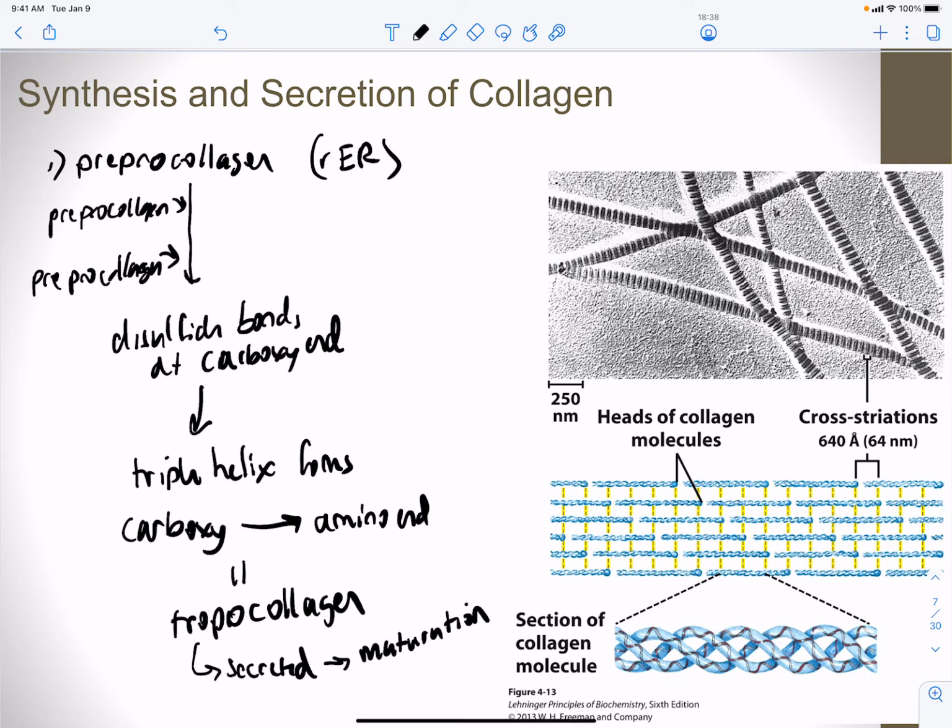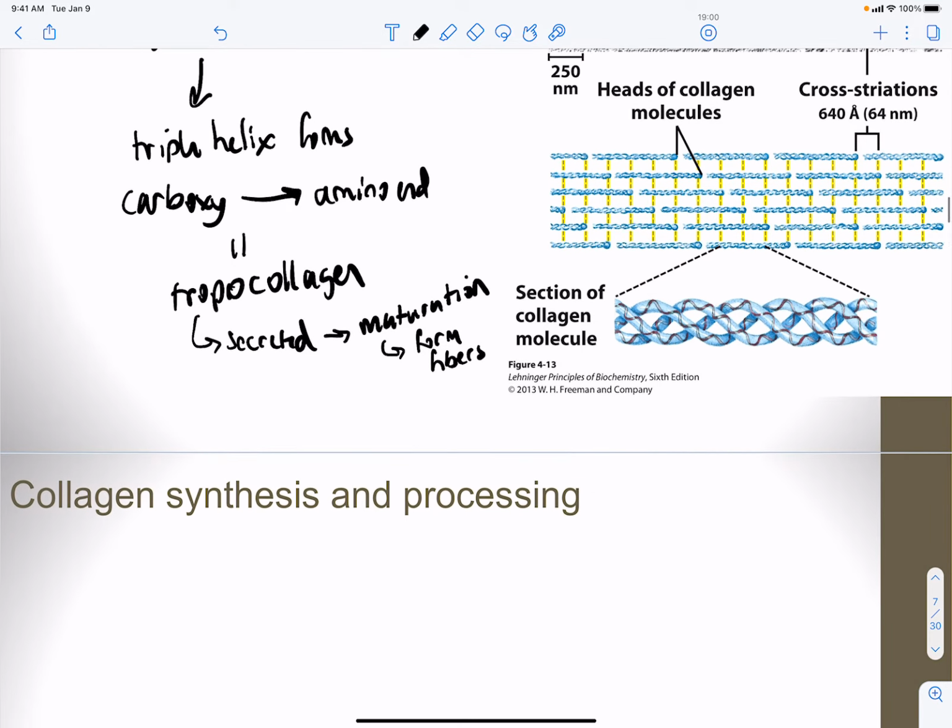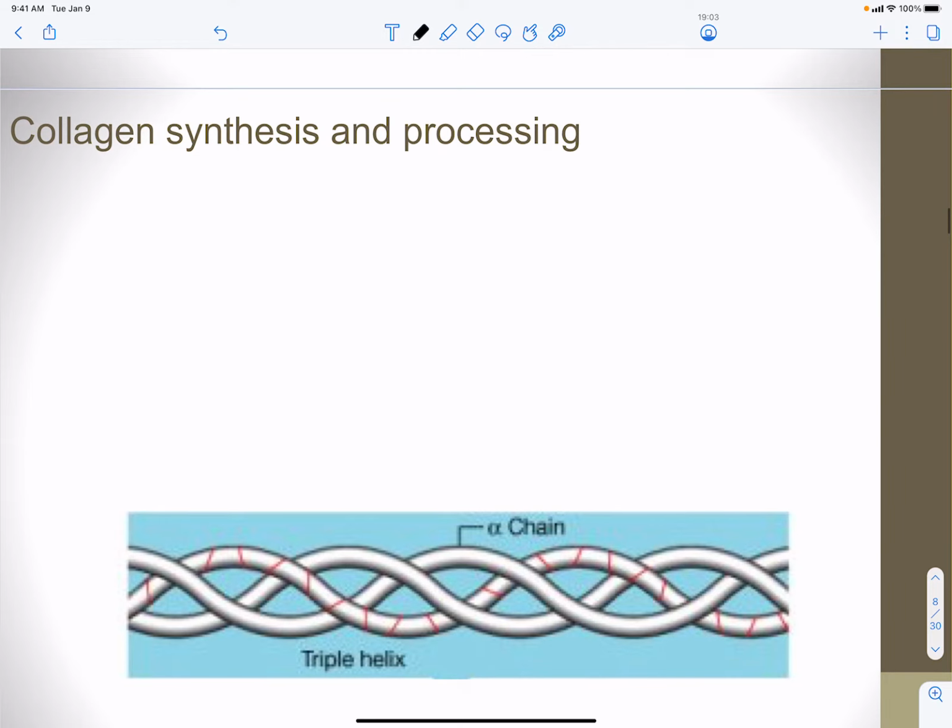And then you have your fibrils of collagen, which will line up in a very organized manner and form collagen fibers. And each collagen alpha chain of a fibril has about 1,000 amino acids associated with it. Now, collagen also has a very unique amino acid sequence.